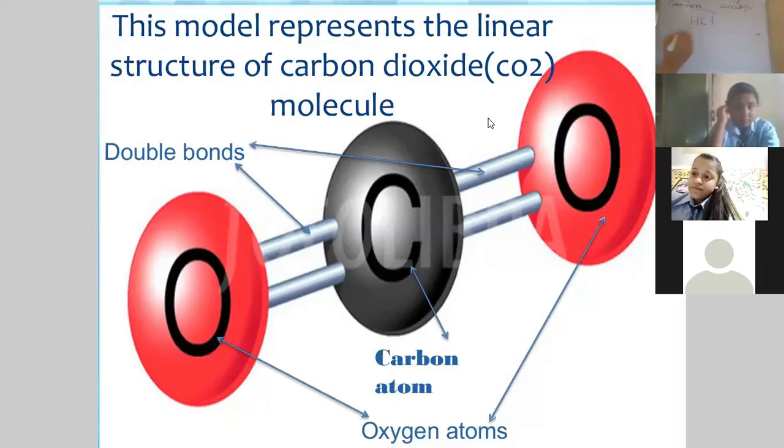So here it is hydrogen. There is only one atom, so we are not going to write mono or something like that. We write hydrogen chloride.